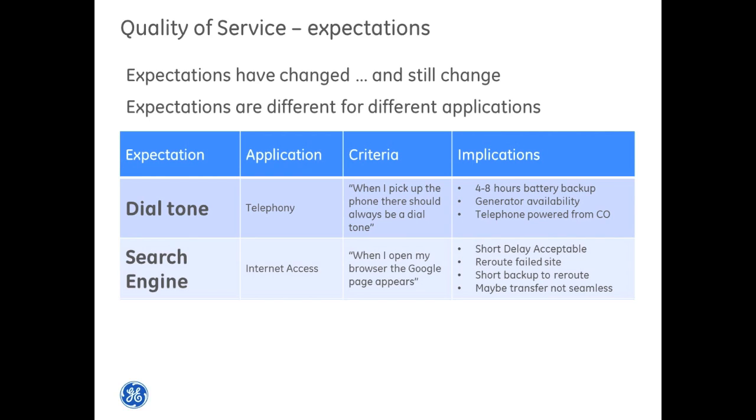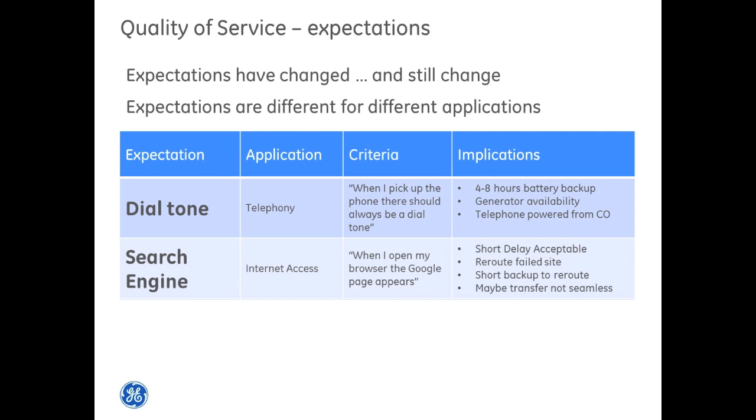Another application, internet access, and again, the expectation here is probably a search engine, or at least your home page. Criteria is when I open my browser, the Google page appears, or whatever your home page is set to be. The implications of that, a short delay may be acceptable, rerouted to an alternate site if necessary.